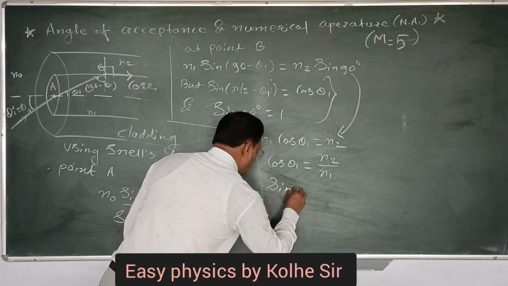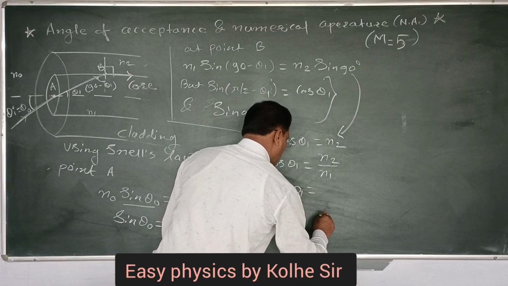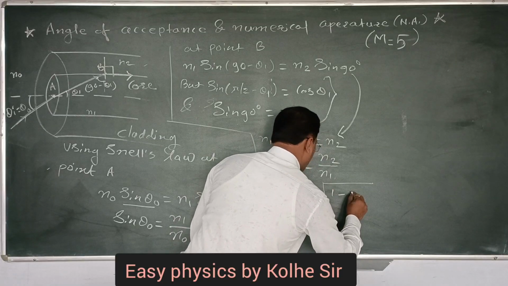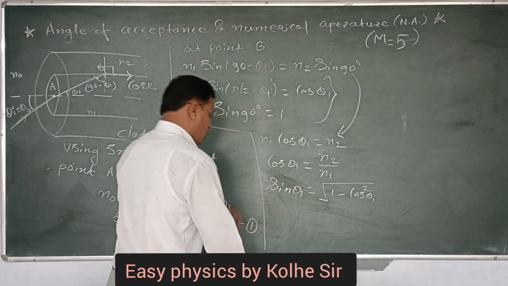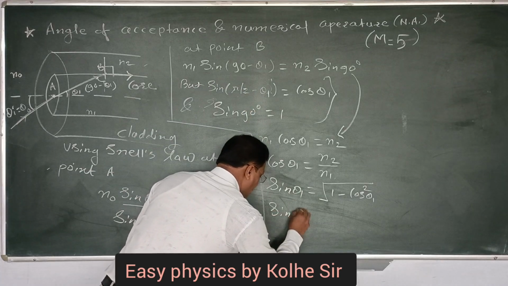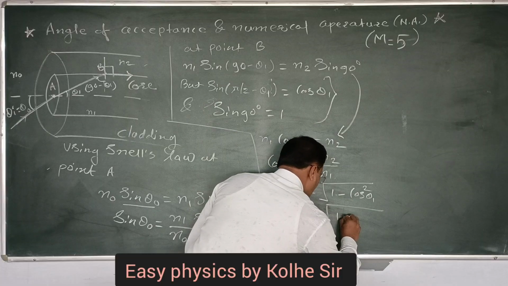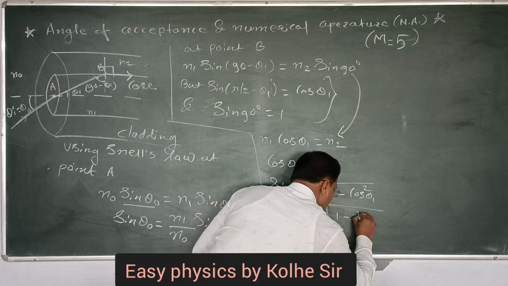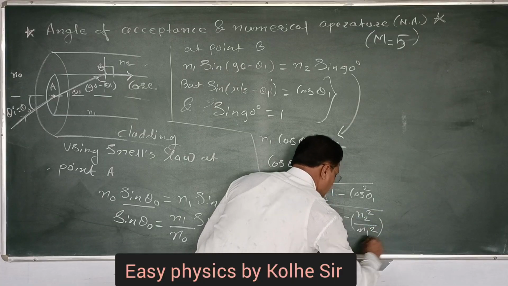So sine of theta 1 is equal to root of 1 minus cos square theta 1. Means its value is 1 minus n2 square upon n1 square.